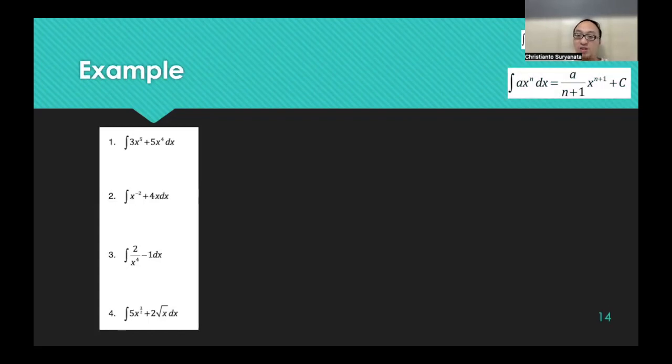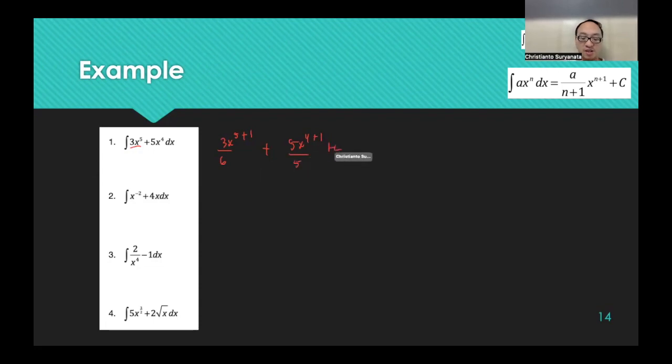So we can use the formula on the top right. Integral of 3x to the power of 5. We add the power by 1 and then divide it by the new power. Plus integrate 5x to the power of 4, add the power by 1, divided by the new power.